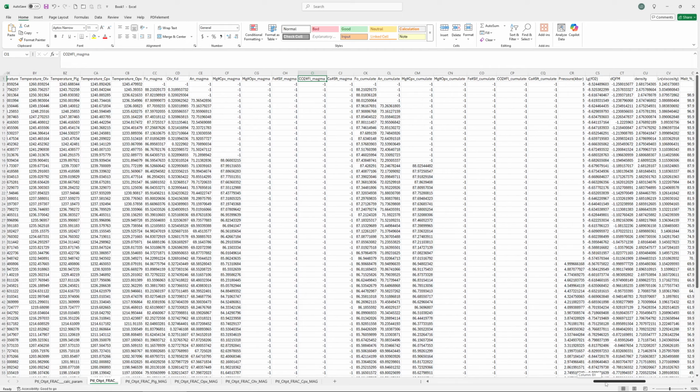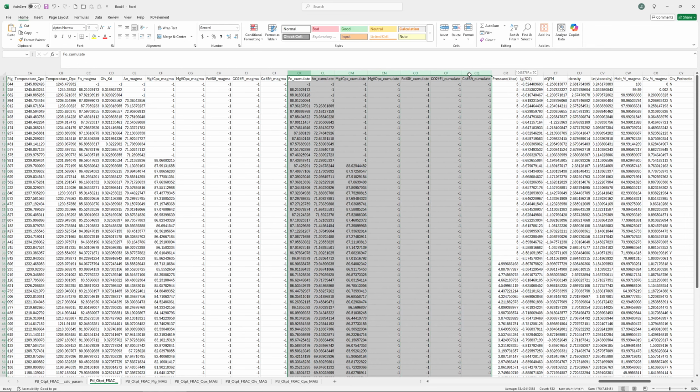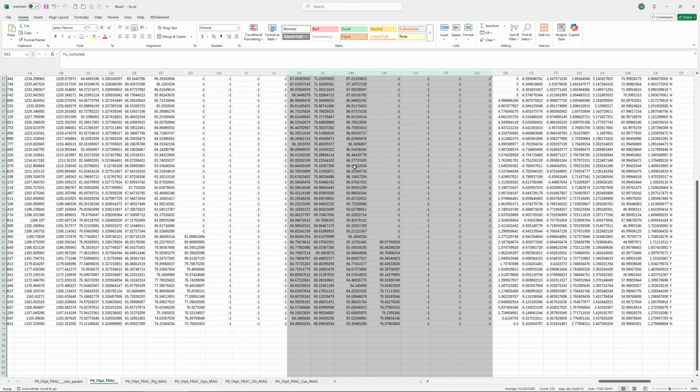After the compositional parameters for phases in the magma, we have columns which show compositional parameters of phases in the cumulate. And again, initially we'll have olivine because it appeared first, then plagioclase will join, then clinopyroxene, and then orthopyroxene will join later.